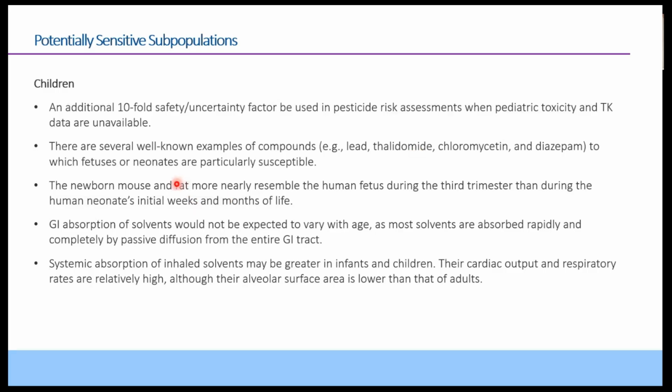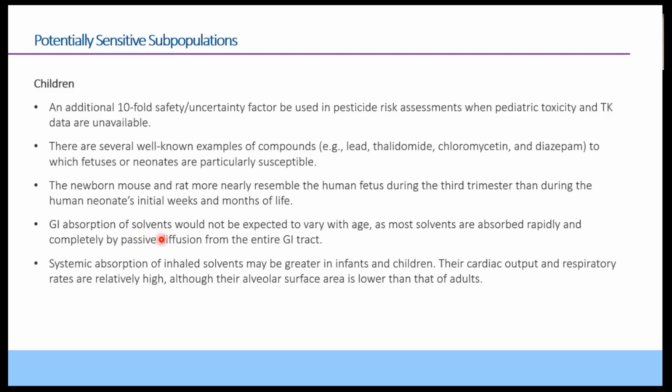The newborn mouse and rat more nearly resemble the human fetus during the third trimester than the human neonate's initial weeks and months of life. And people who work in the field of reproductive toxicity know which life stages or age groups in rodents or non-rodents more closely resemble human ontogeny.